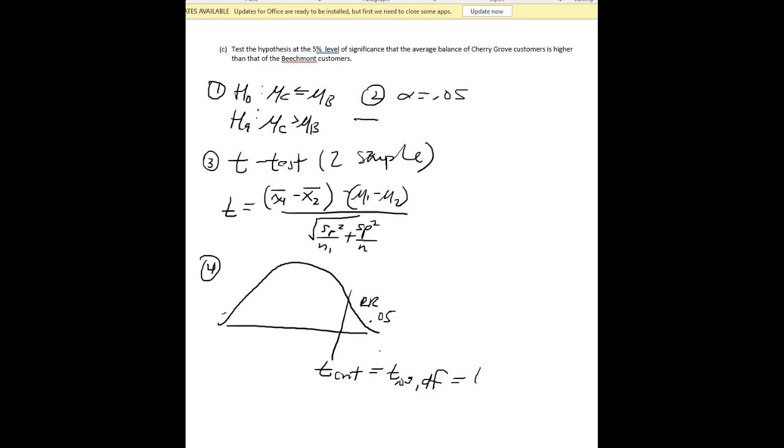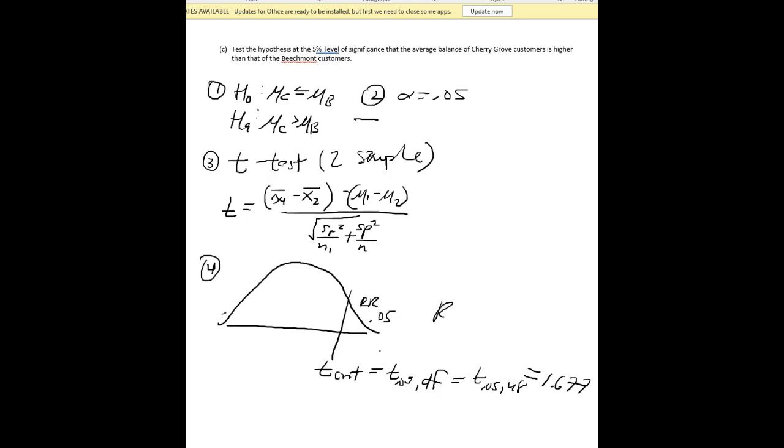So it is going to be T of 0.05, comma, 48, which is 1.677.